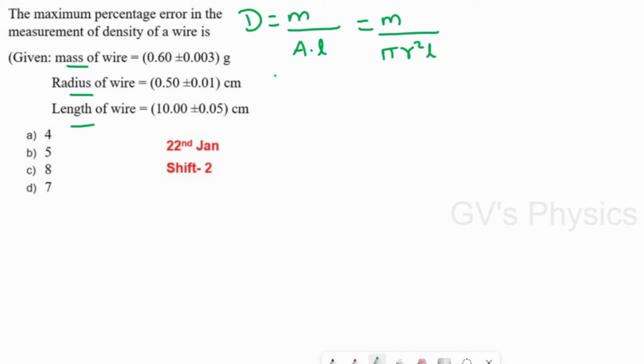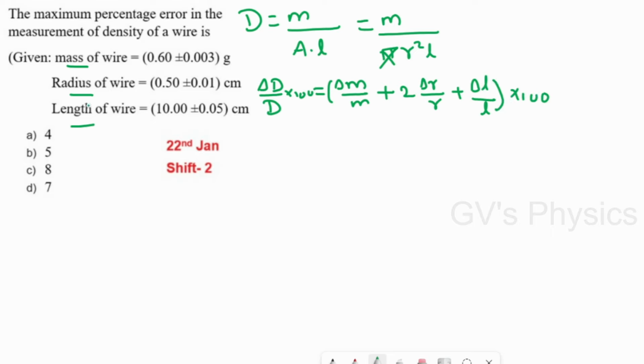In place of density, we write del D by D, that is equal to del M by M, pi is constant so we can neglect that, plus, in place of r square, 2 del R by R, and for length, del L by L. They have asked in the form of percentage, so we multiply 100 on both sides. Now we can substitute the values.